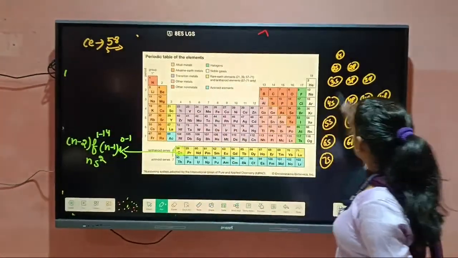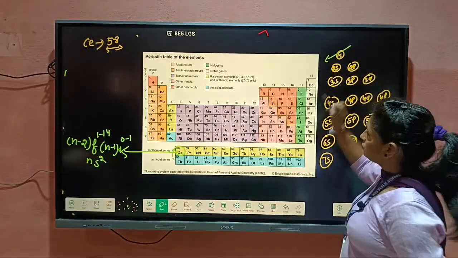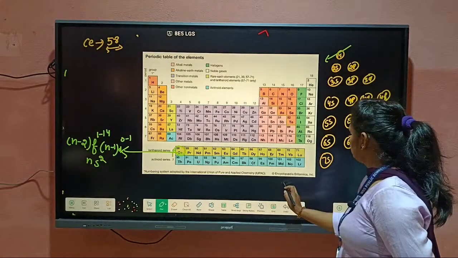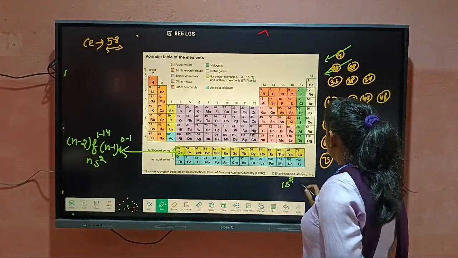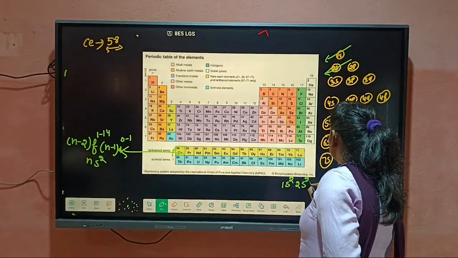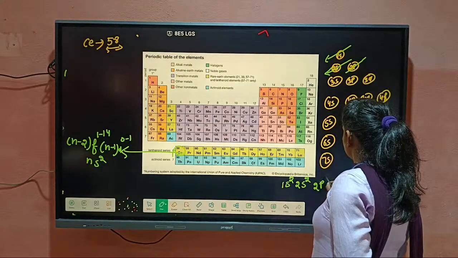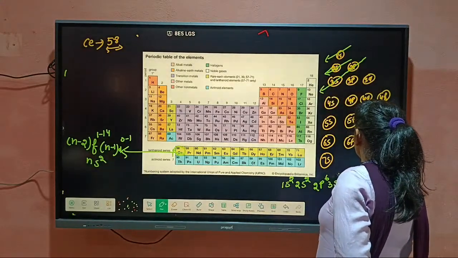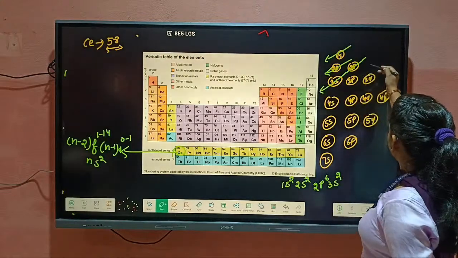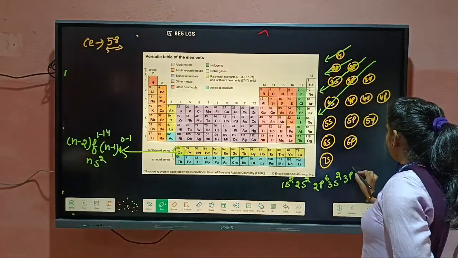First of all, you will fill 2 electrons in s. So 1s2, then in 2s, 2s2, then in 2p, 2p6. After that in 3s, 3s2. After that in 3p, then 4s.